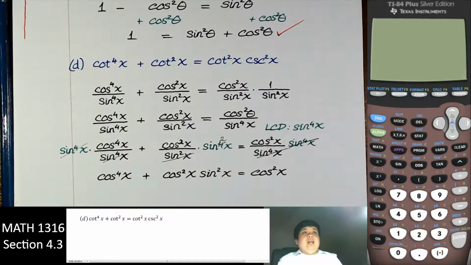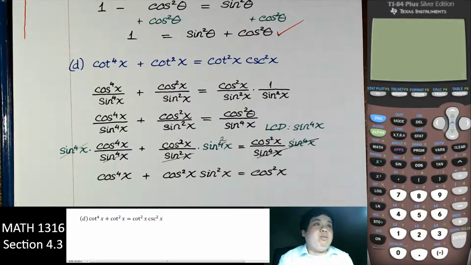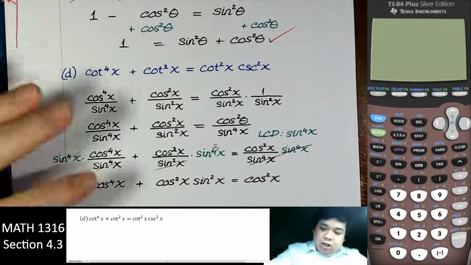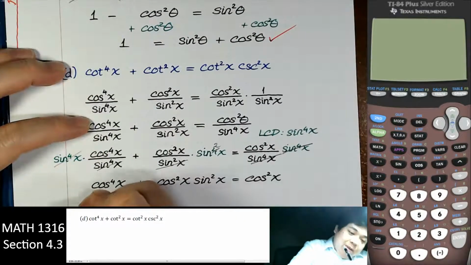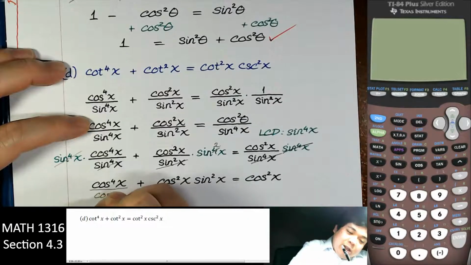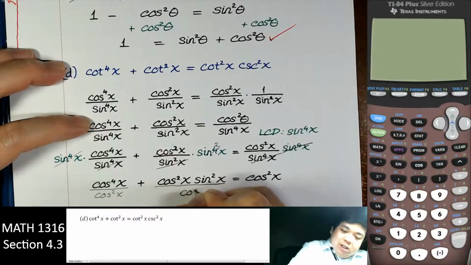Now put that. So of course, like I said, there's nothing wrong here, but we still need one more step. Notice that all the terms have the cosine square. So we do one more step in here, divide everything by cosine square.